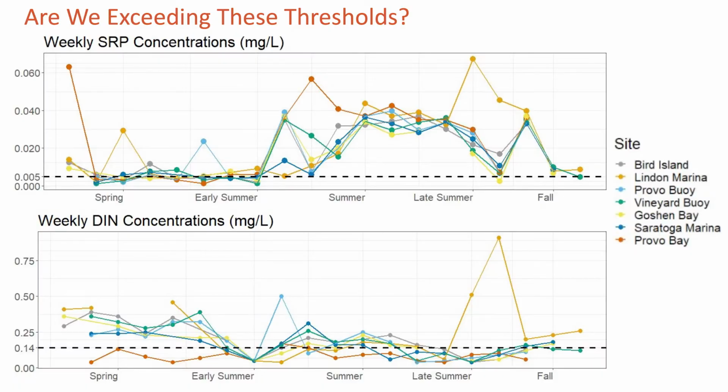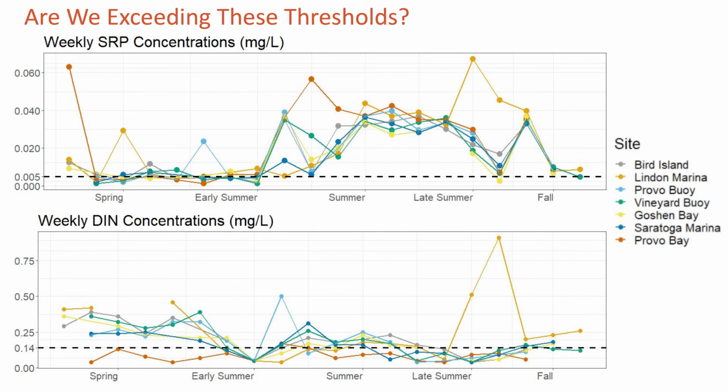So knowing this, we looked at some of our seasonal data. And these lower concentrations are what we set as thresholds for how much growth is going to happen. The threshold we set for SRP, being 0.005, as I mentioned before. And looking at our seasonal data, we are at or above that concentration for almost all of the year, especially summer to late summer, where we see we're way above our concentrations.